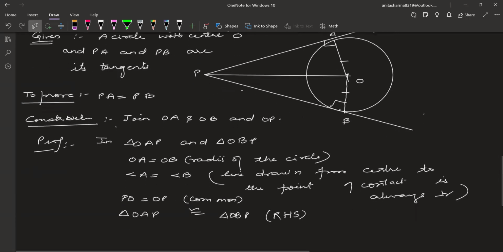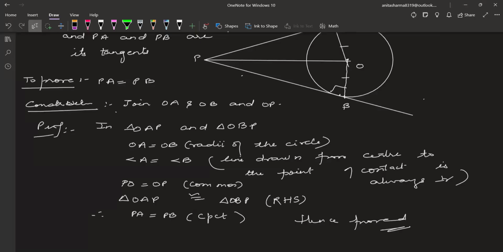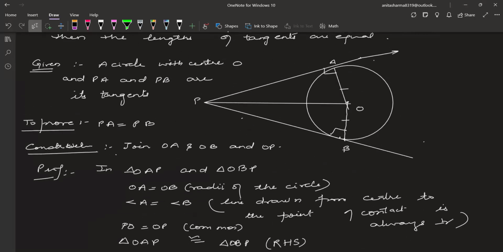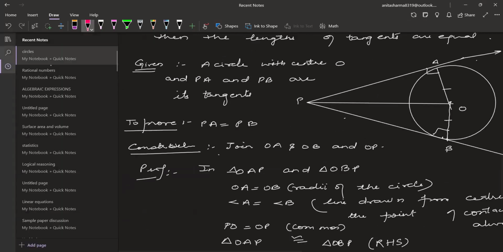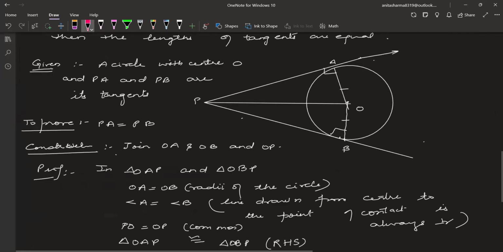So now you will write, therefore, PA will be equal to PB by CPCT. Hence proved. Very, very important theorem. This theorem also came so many times in your exam. Okay? Very, very important.